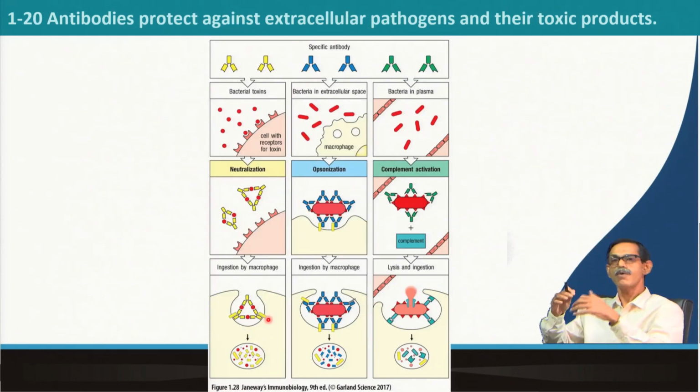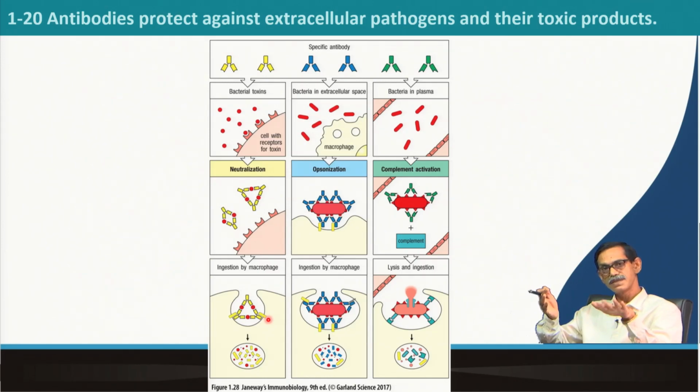Okay. So, now what is antibody doing? All these things are going to activate B cell, T cell, and T cell is going to help B cell, they produce antibody.